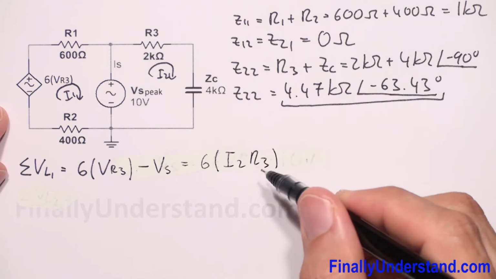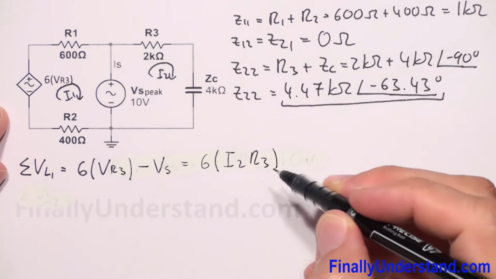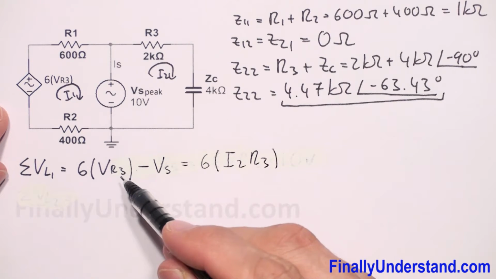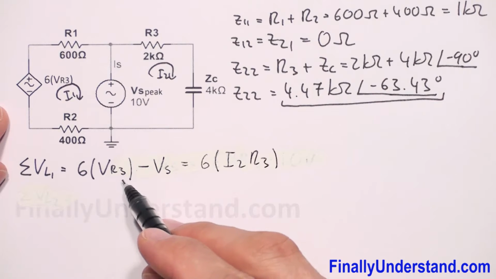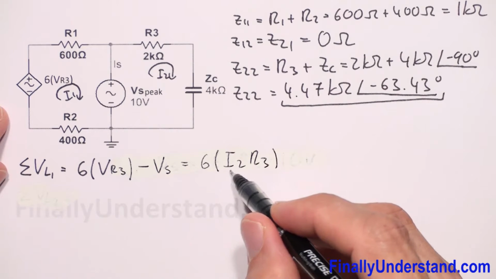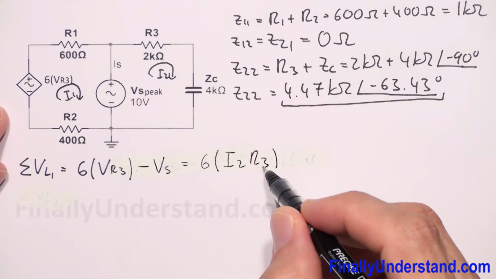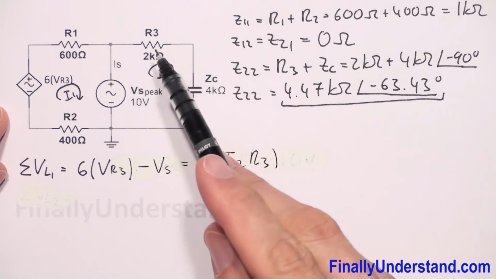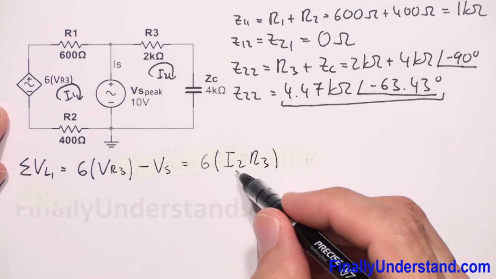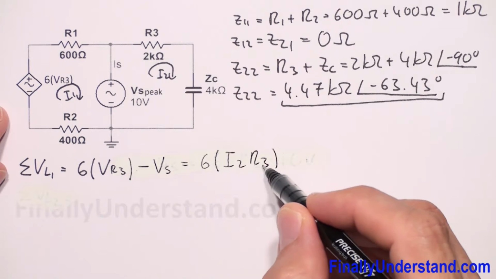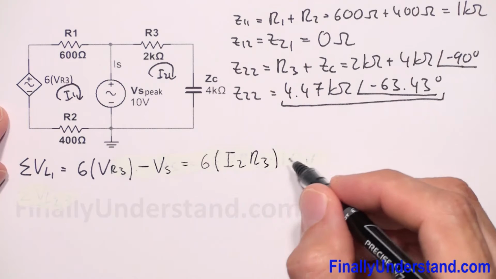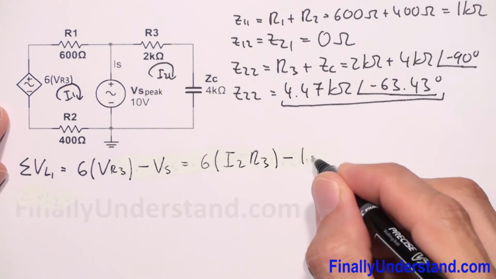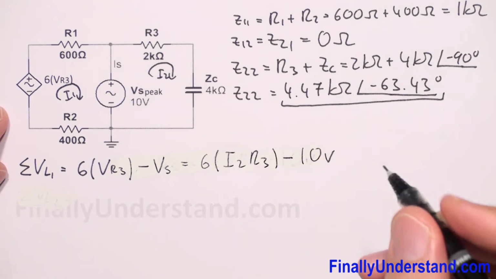Because in the mesh equations we are going to use the currents, and then I need the current, not the voltage. Let me remind you, because current I2 goes through the resistor R3, I wrote this as a product I2 times R3 minus Vs, which is equal to 10 volts.